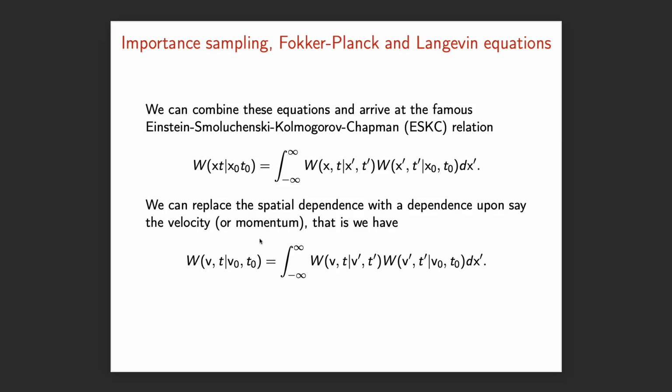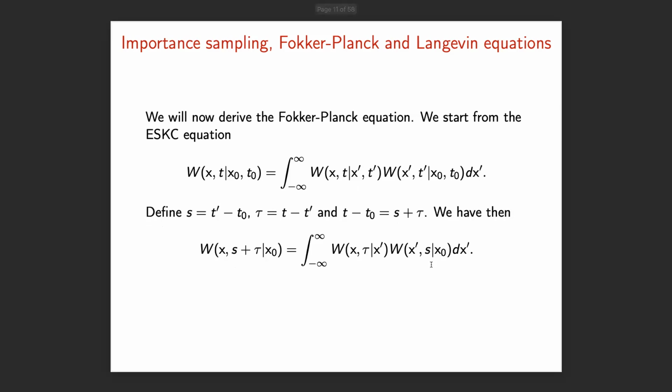You can choose whether you want to deal with velocity or momentum. The only difference is that you have a mass as a constant, which you can then scale away. So I'm now going to replace positions with momentum. This is nothing but a Fourier transform of your quantity here. So that's another possibility. If you think of the Fokker-Planck equation, the equation you would start with is actually this one.